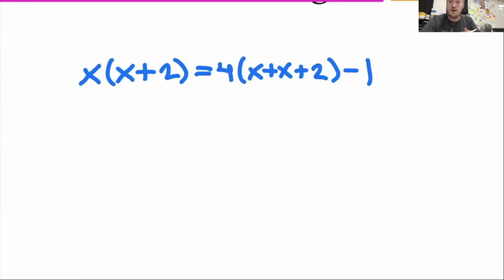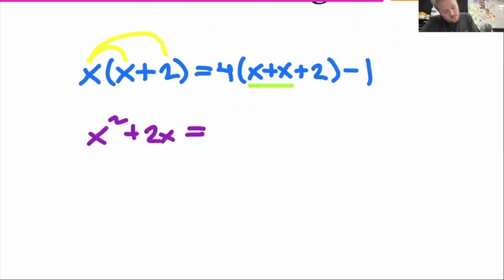All right, so no matter what method you're going to use, you have to convert it to standard form. So there's a lot of distributing and combining like terms that's going to be happening. So over on the left side, I'm going to go ahead and distribute, whereas on the right side, I want to combine like terms first. So x squared plus 2x equals 4 parentheses, 2x plus 2 minus 1.